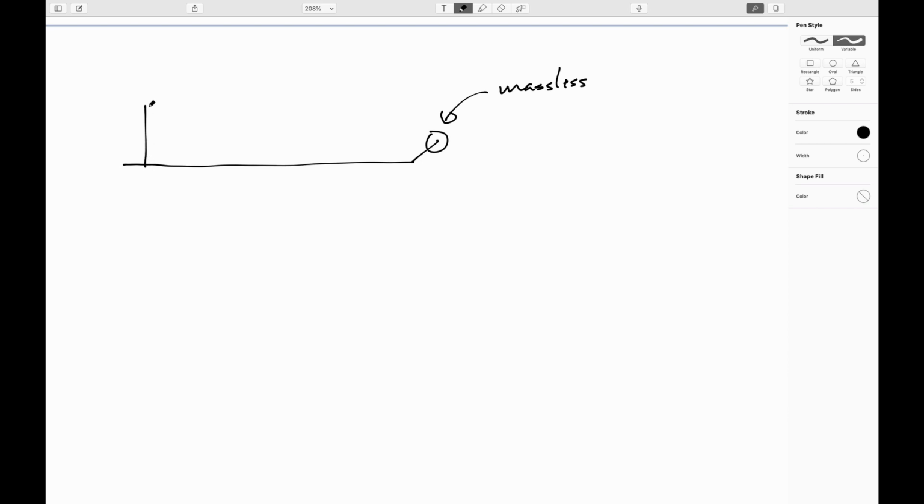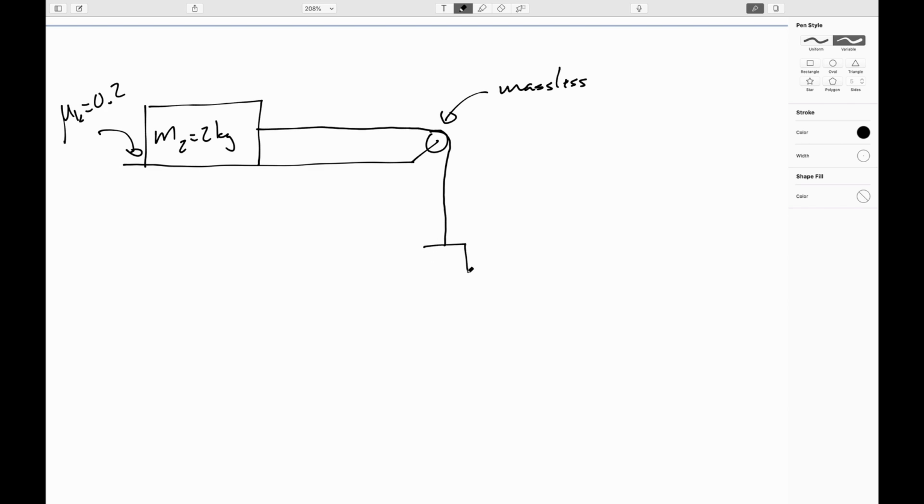I'm going to stick a 2 kilogram block here. I'm going to say that the coefficient of kinetic friction here is 0.2. I'm going to tie it on a string, run that string over the pulley, and then let's say I have a M1 equals 1 kilogram block here.